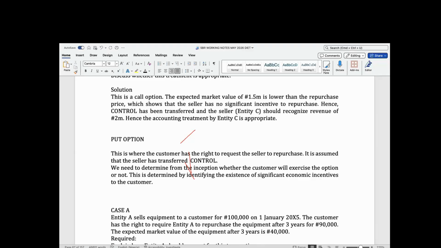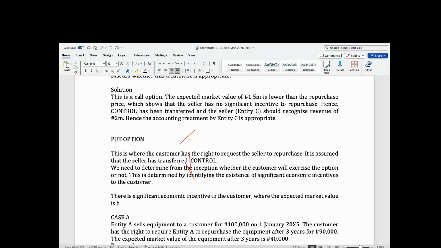So there is a significant economic incentive to the customer where the expected market value is lower than the repurchase price.